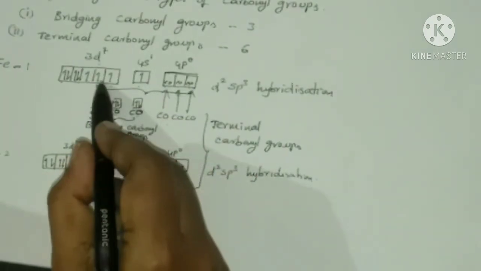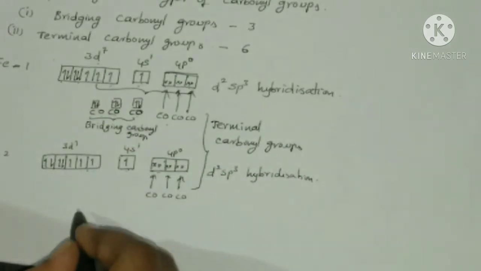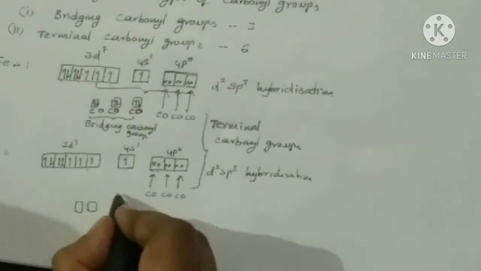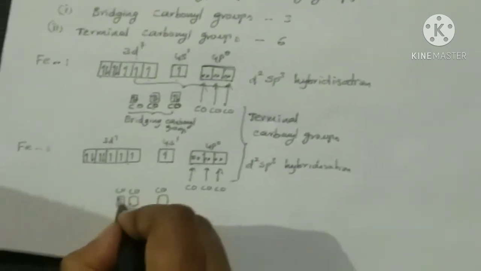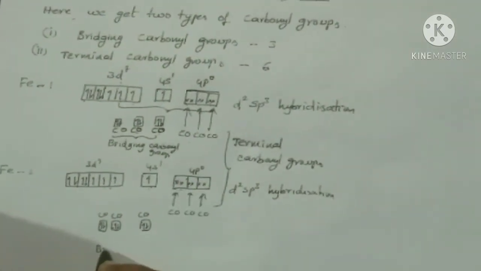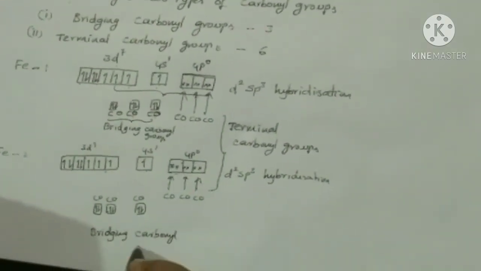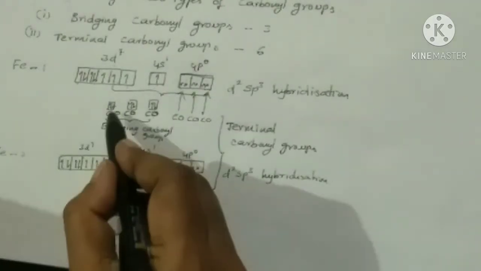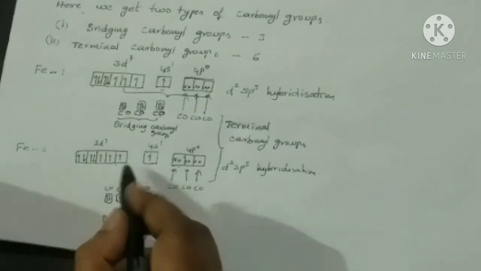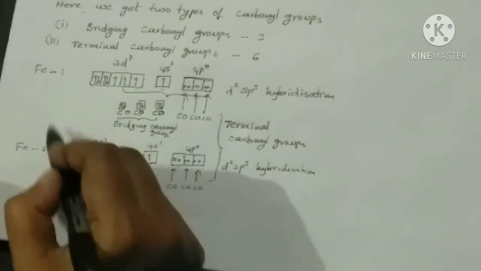So in this, 1 electron goes here, the other and the other, and the left unpaired electrons will be bonded to CO, CO, CO. Okay, so these bridging carbonyl groups, we have 3 carbonyl groups which give electron pair here, 1 electron, 1 electron, and here also 1 electron goes here, and in this way they form bonds with both Fe1 and Fe2.